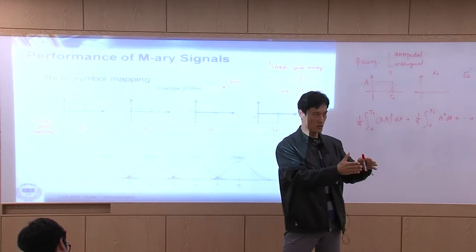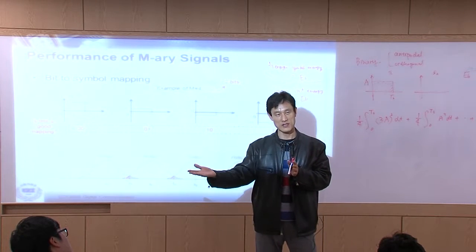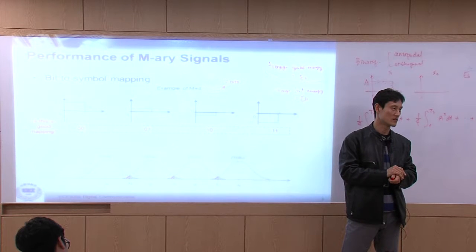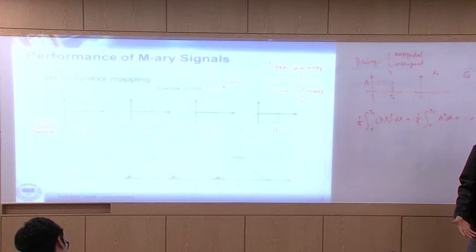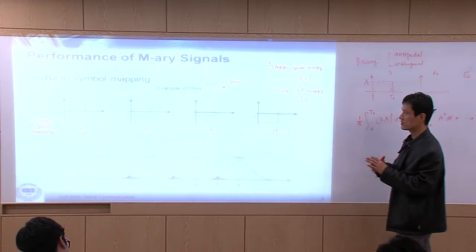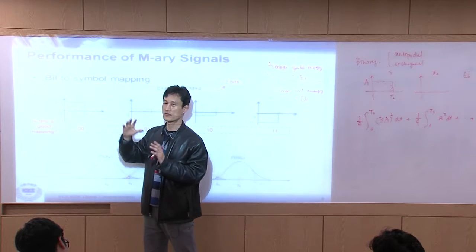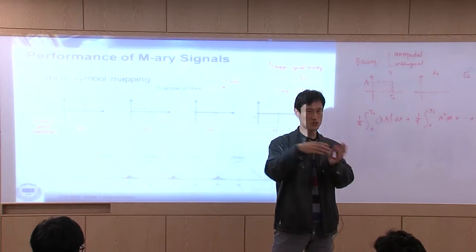So bit to symbol conversion is done in the transmitter, and symbol to bit conversion in the receiver. That's a part of the modulation. We are still learning modulations, right? One of the things you need to do in modulation is conversion. Once you do the modulation, bit, change it to symbol.